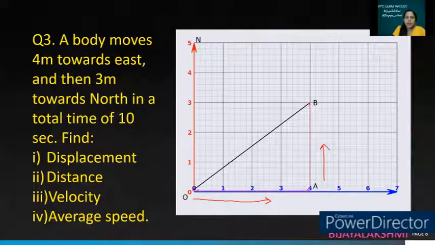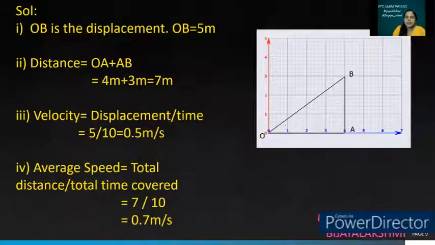That means we have to first calculate the displacement. What is the shortest distance traveled by this body? It's nothing but OB. Now this OB can be calculated as a square root. If you follow the previous videos, you will get it.